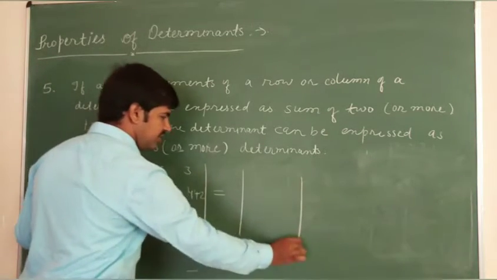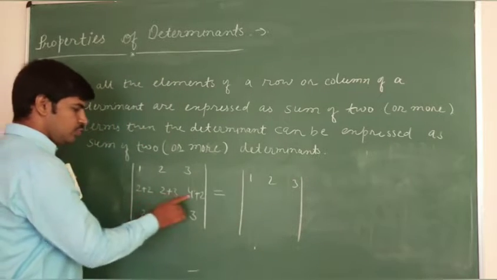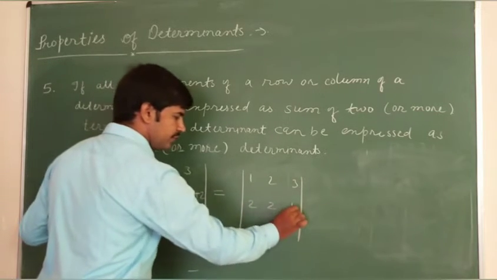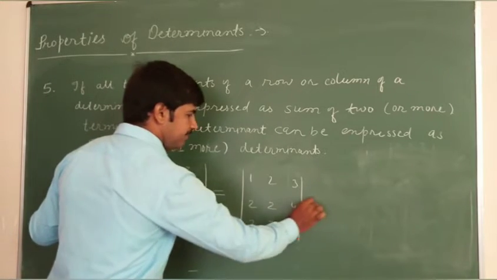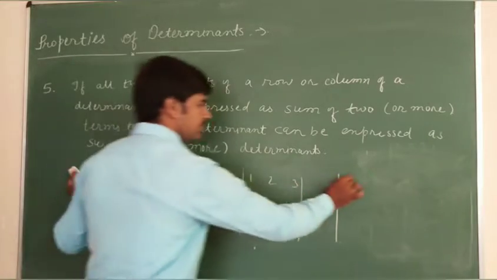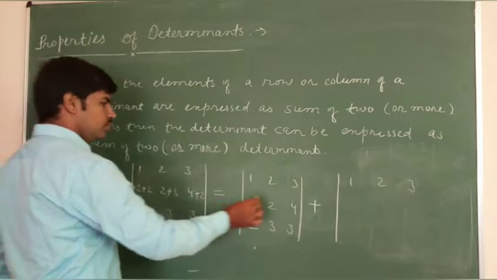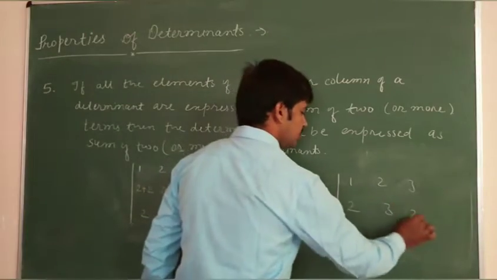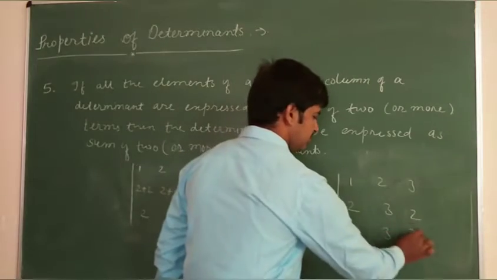The first determinant will be 1, 2, 3, 2, 2, 4, 2, 3, 3, plus the second determinant 1, 2, 3, 2, 3, 2, 2, 3, 3.